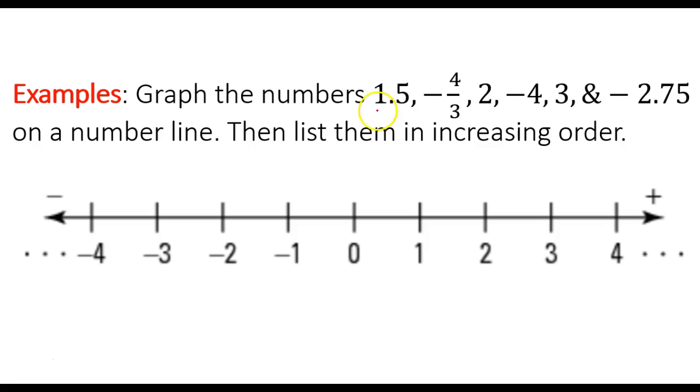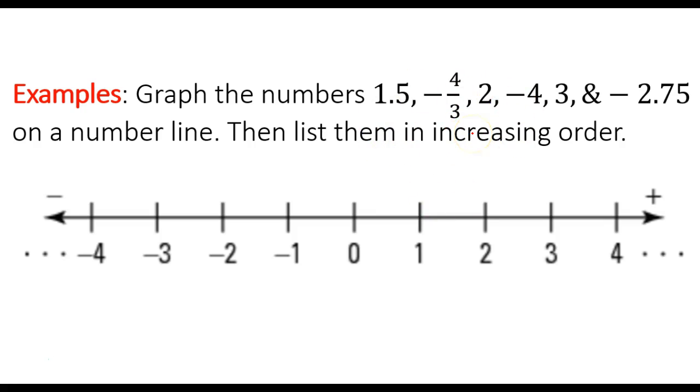Next, graph the numbers and then list them in increasing order. We have a mix of positive and negative numbers, fractions and decimals. So the first thing I will encourage you to do is sort all the negatives and all the positives, and then you compare all the positives and compare all the negatives.